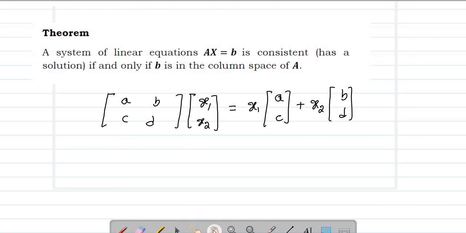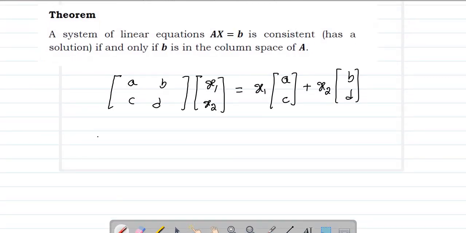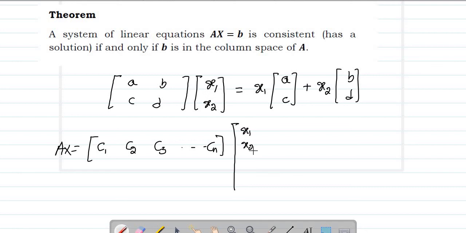Not only for this, however big a matrix you take, let's say I am taking a matrix A which can be represented as C1, C2, C3 and so on up to Cn, where C1, C2, C3 are columns of A. Now let me multiply with x, that is A times x, where x is x1, x2 and so on up to xn.